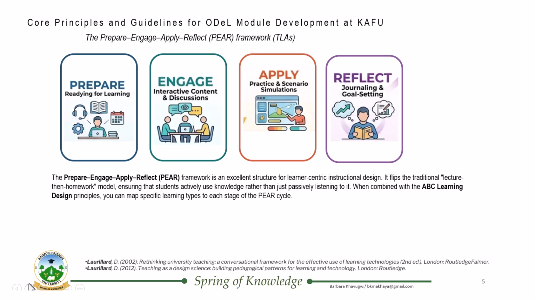Okay, and then reflections are opportunities for students to share their learning. You can have a reflection journal at the end of the topic, where they share what they have learned and their experiences, and it also provides them an opportunity to do what we call goal setting.